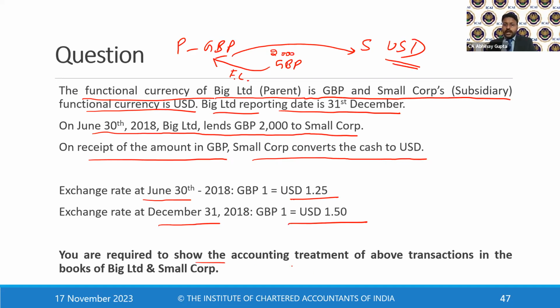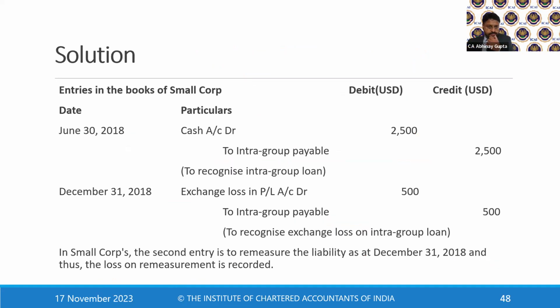You are required to show the accounting treatment of the above transactions in the books of Big Limited and in the books of Small Limited, that is, in both the standalone financial statements of the parent as well as the subsidiary. Facts are clear. Let's see.